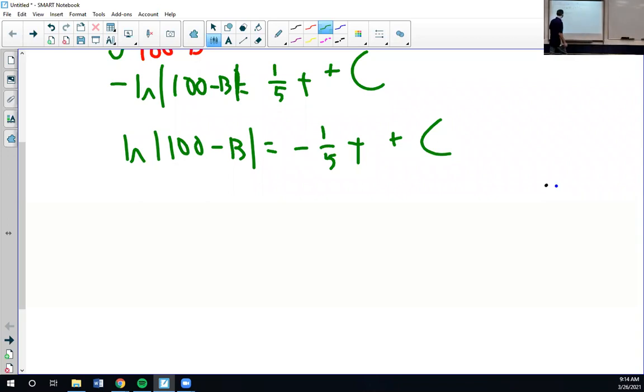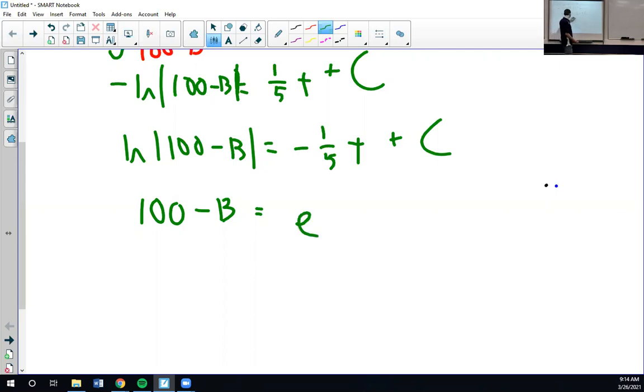And now I'm going to rewrite. Our domain is up to 100. Up to a weight of 100, so these absolute value bars don't matter because 100 minus b is always going to be positive up to a weight of 100. So we're okay to get rid of the absolute value bars.